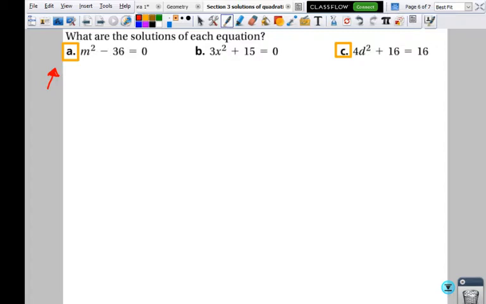Do you have a question, Kinsey? Would we put the negative sign in there? No, because you add it on both sides, right? To get positive 36. Alright, on this one, what's the first thing you have to do? Add 36 to both sides. So we're going to plus 36 to both sides. It crosses out right here, and then we have to add it over here on the right side of the equals.